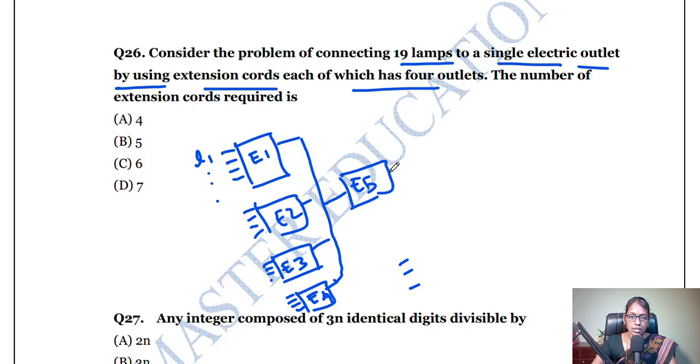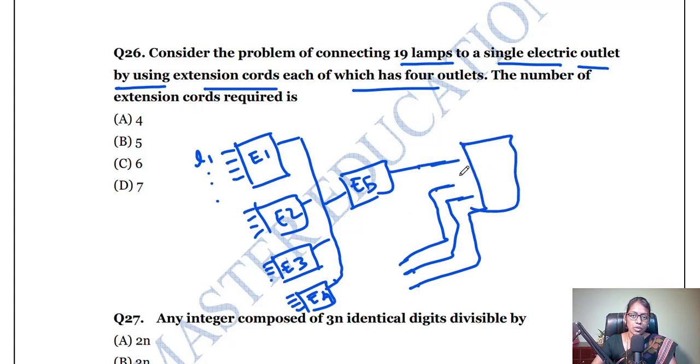Now these extension lines, 4 of them, you can combine. Then you can use another extension cord to combine these lines. So extension 6 connects all the lines. So 6 extension cords are required for this.